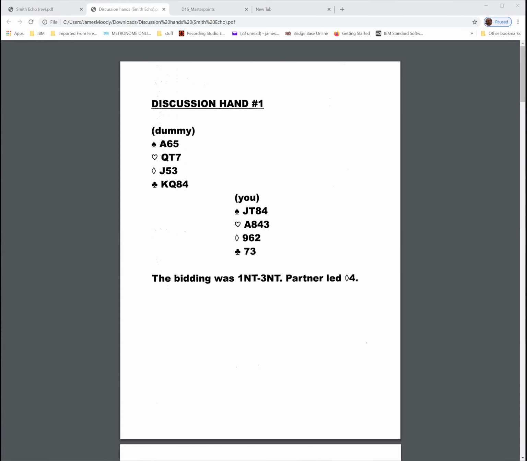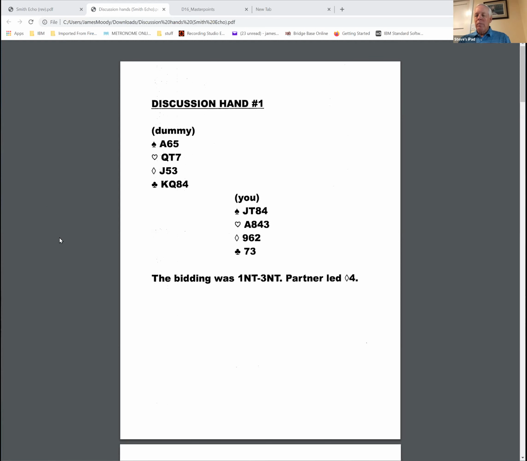But if I don't Smith echo and I tell partner, don't return my opening suit, that's a good clue to partner that she should switch. And if she thinks about it and looks at all the different bits of information available, there's a good chance she'll find the switch that I'm desiring. But if you don't play Smith echo, you're just guessing. That's the important point.